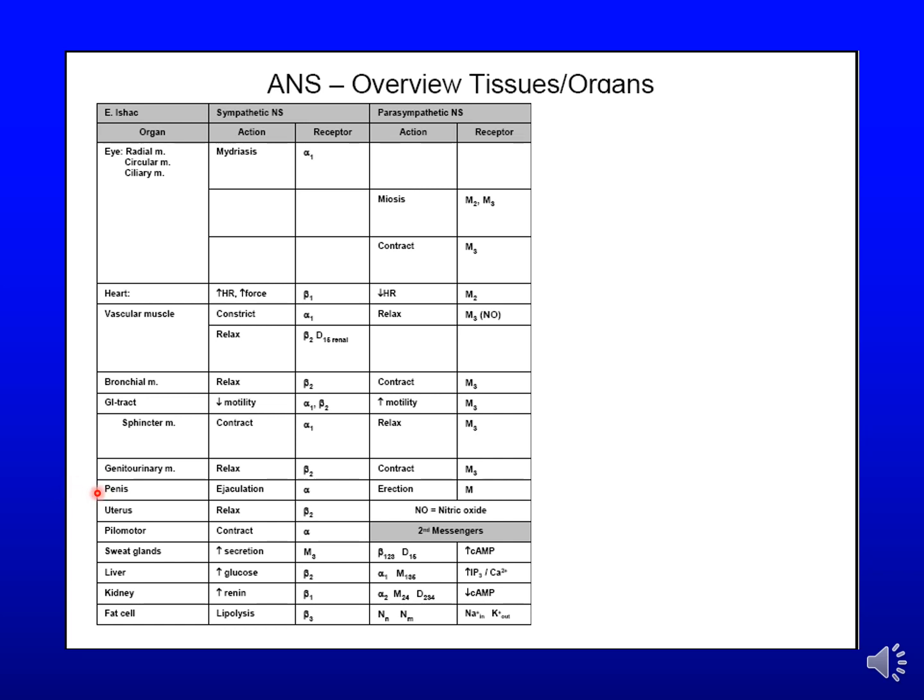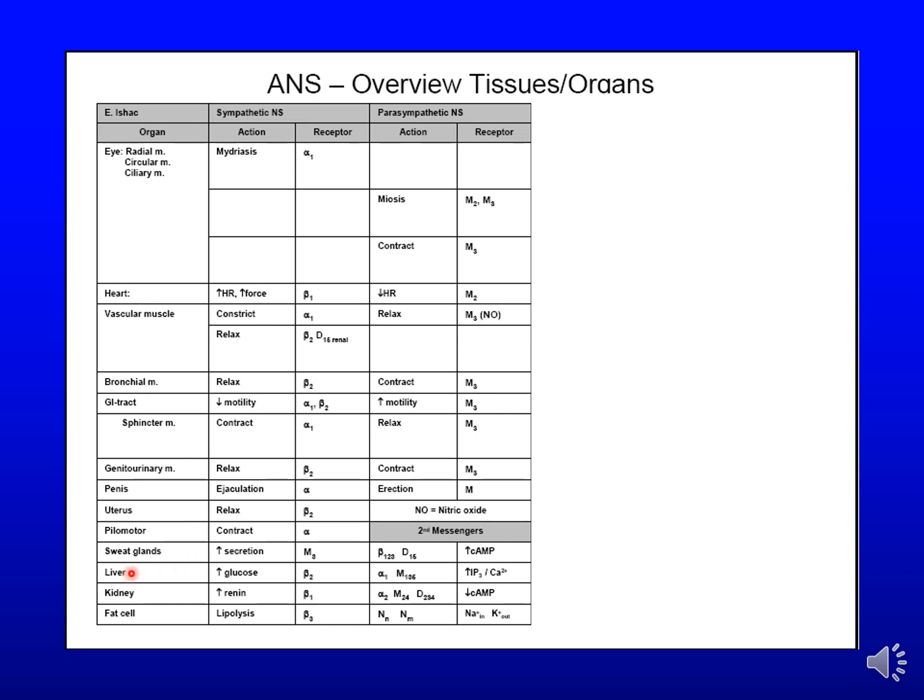For example, for the effect on the male reproductive system, the sympathetic nervous system produces ejaculation, while the parasympathetic is responsible for the erection. In the uterus, the main effect is by the sympathetic nervous system, where it produces relaxation of the uterus.